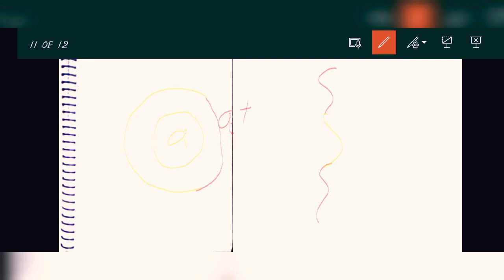Now this was on the recipient side. What will happen now? Replication and duplication will take place in that particular cell. We'll see afterwards what will happen to it. So it will replicate and regenerate or duplicate, whatever you like.